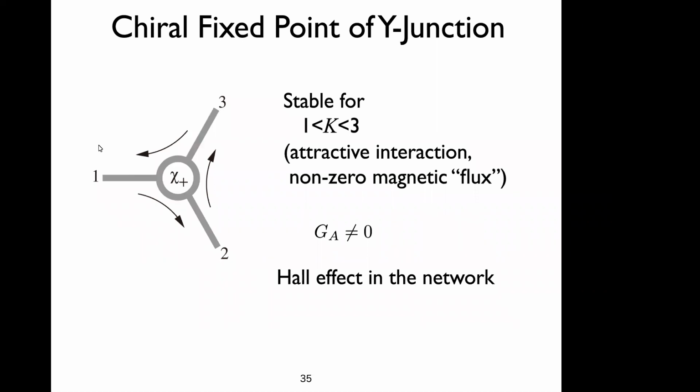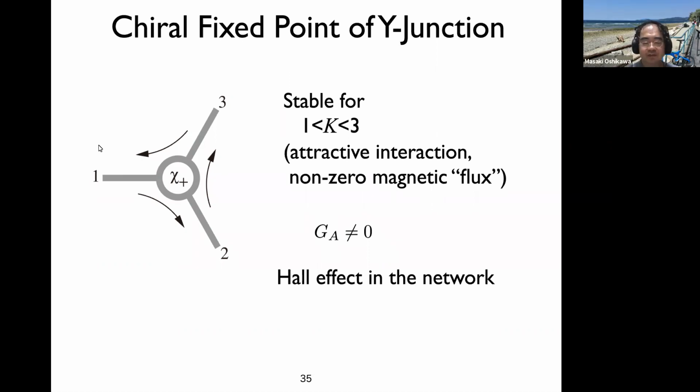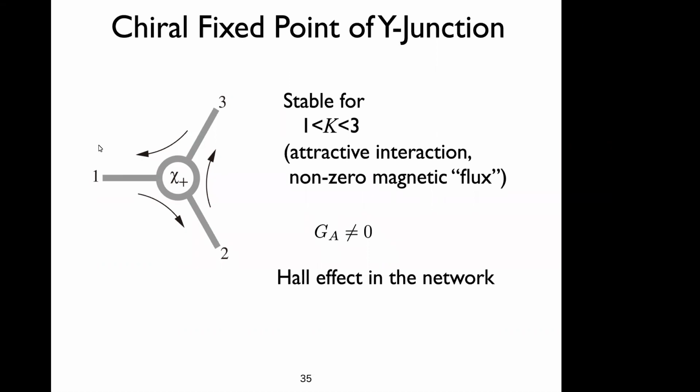I'm wondering, if we consider the system as a network of Luttinger liquids, can we achieve two-dimensional long-range superconducting order in this kind of network of Y junctions?